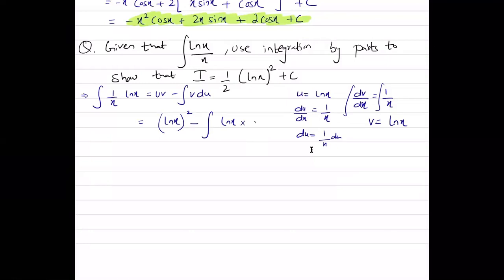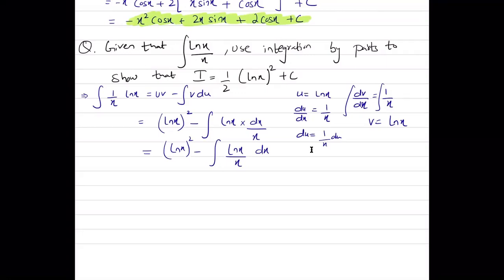Now du was dx upon x. So this gives us ln x the whole thing square minus integration of ln x upon x dx, right? Yes, sir. Are you with me so far?